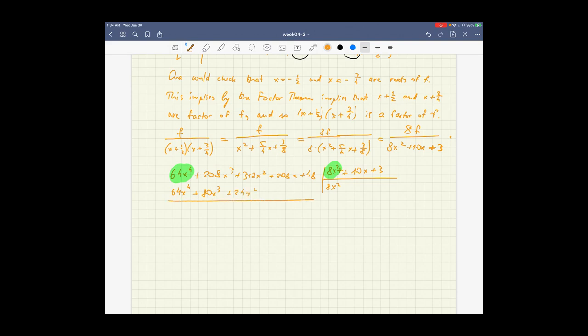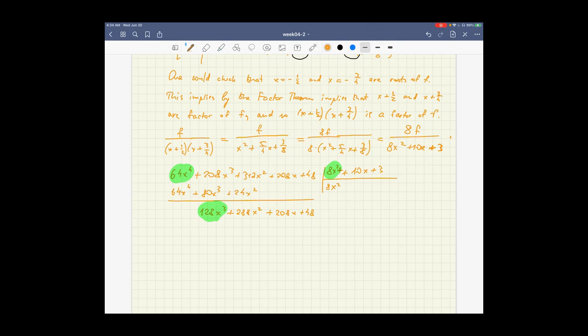The difference is 208 minus 80 is 128x cubed. 312 minus 24 is 288x squared plus 208x plus 48.